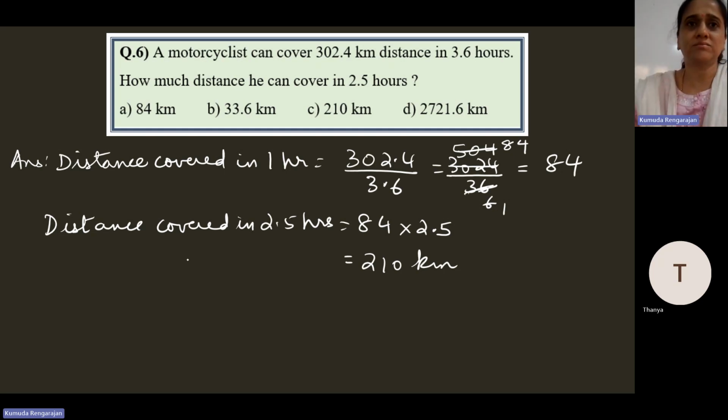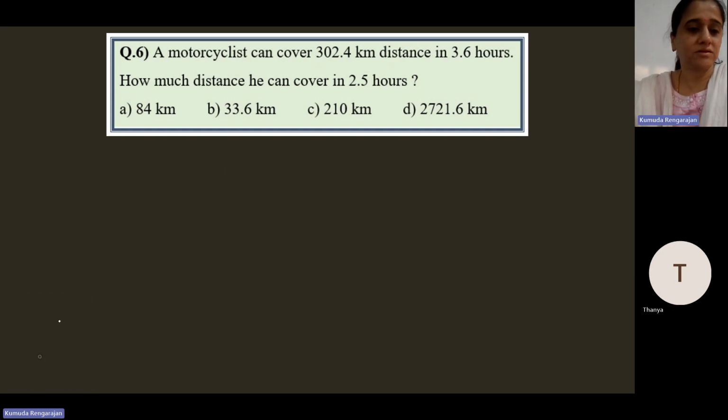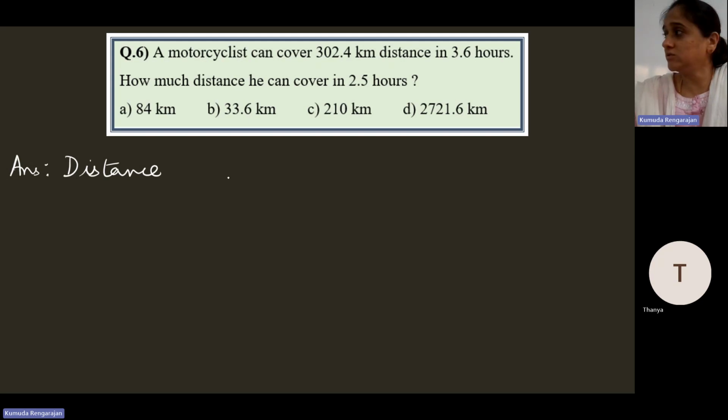We'll do it again. A motorcyclist can cover 302.4 kilometers in 3.6 hours.